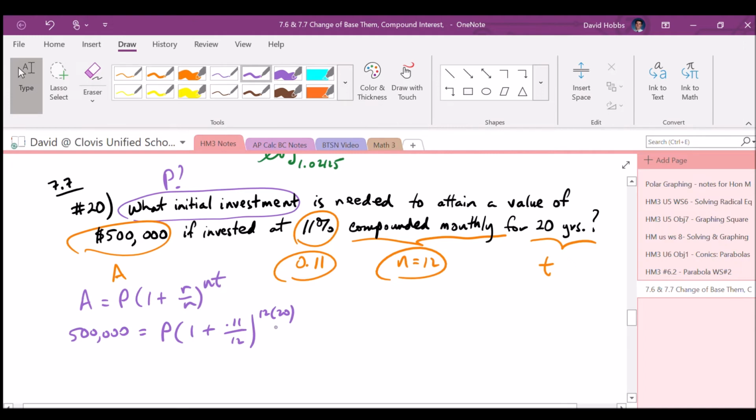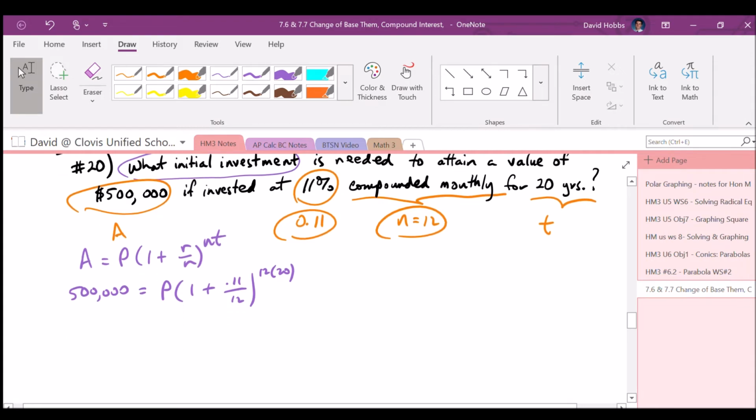It's not in the exponent. My unknown is not in the exponent. I'm not going to need logs. Now, if I try to do the 1 plus 0.11 divided by 12 and clean up the inside of the parentheses, I'd have to round. So leave it alone. Don't try to clean up the inside of the parentheses.